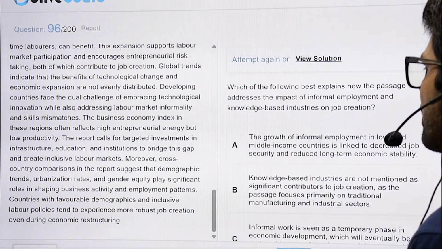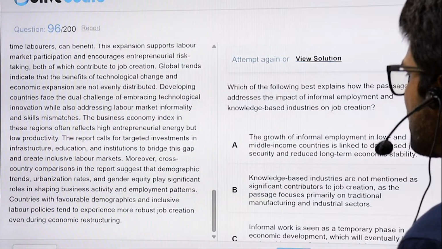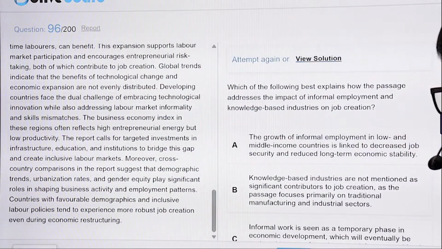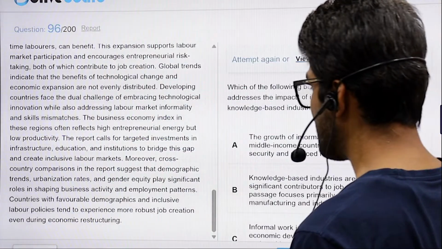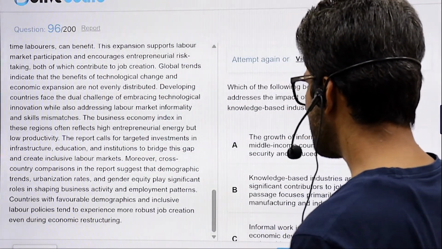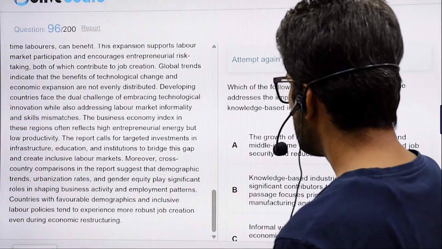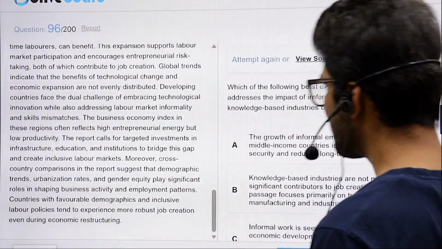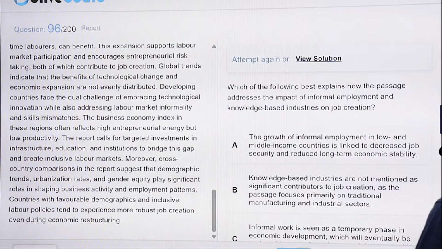The report calls for targeted investments in infrastructure, education, and institutions to bridge this gap and create inclusive labor markets. Moreover, cross-country comparisons in the report suggest demographic trends, urbanization rates, and gender equity play significant roles in shaping business activity and employment patterns.